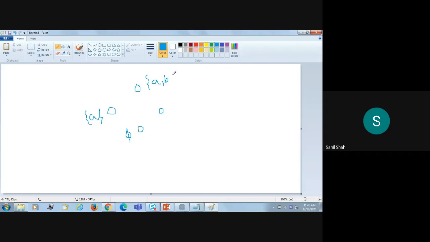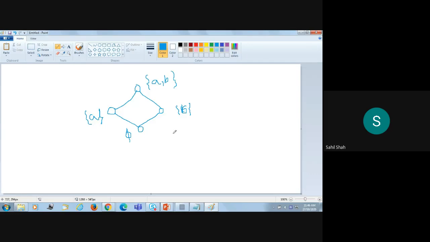I am just taking a simple example. Let me have arrows. This is the Hasse diagram for which poset? The poset is the power set of A, where A has two elements, A comma B, with subset of as the relation.